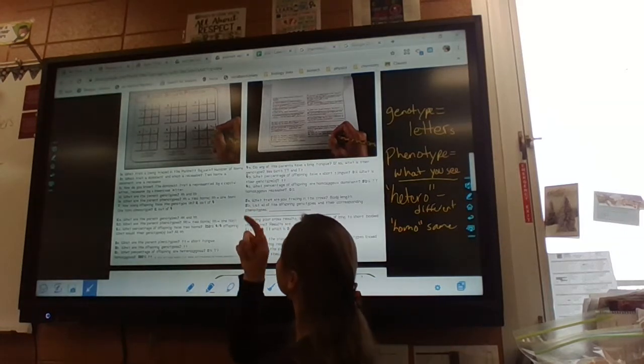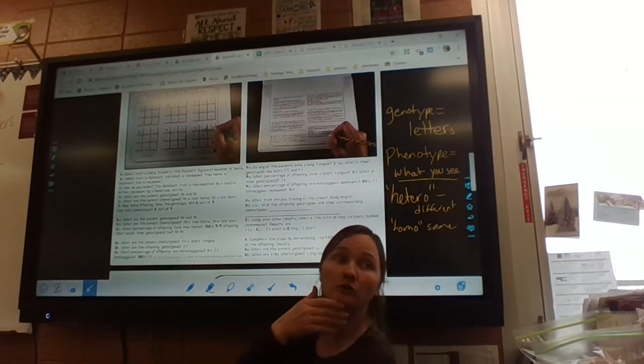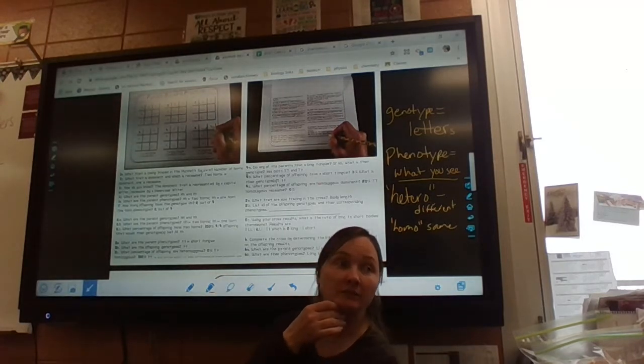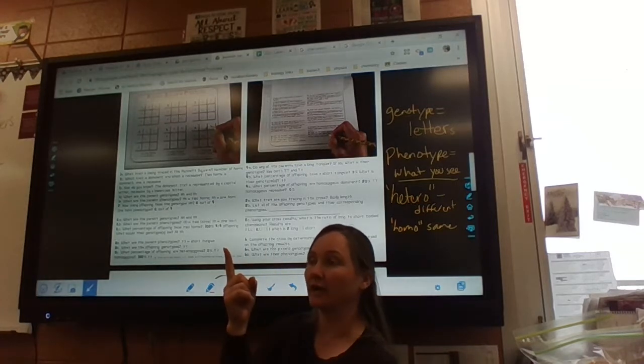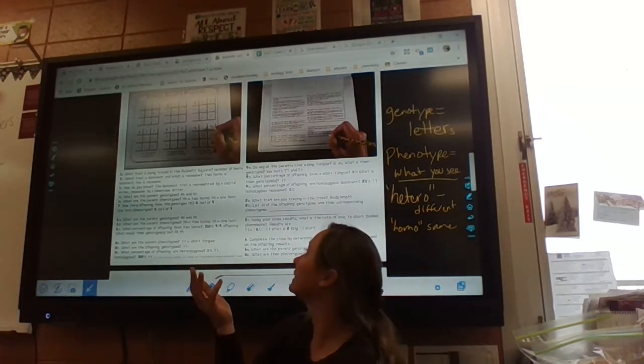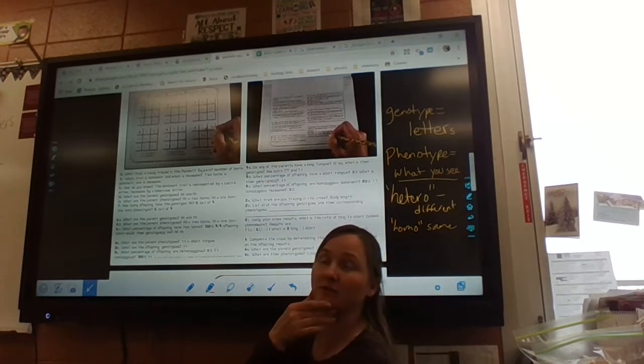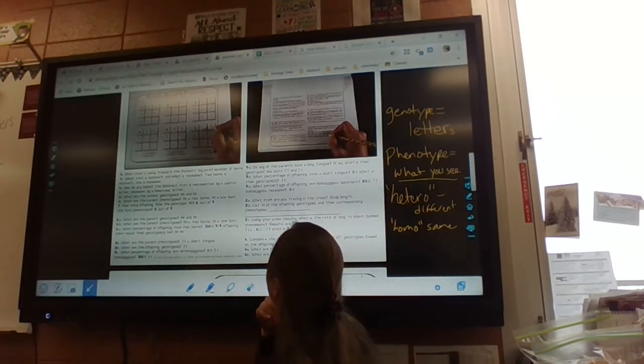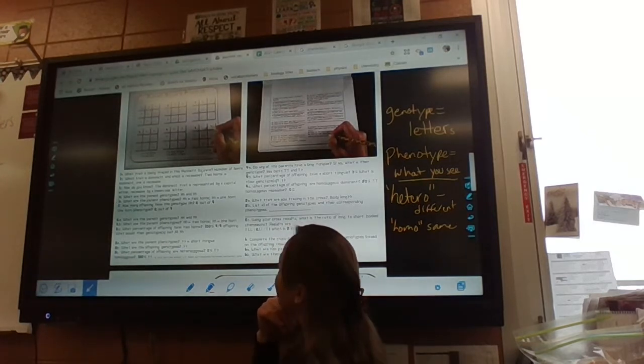So the lowercase l's, what are they going to be? Short or long? Short. And so how many shorts are we going to only get? 1, right? Or 25%. Yeah. And then 75% of the time, their babies are going to be long. All right. So it's always that 3 to 1.